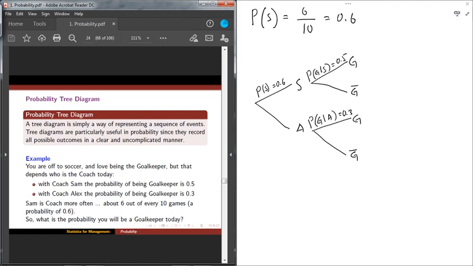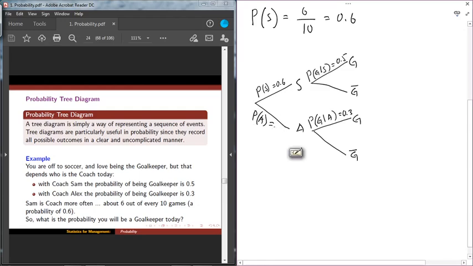Now, if you see this tree diagram, the probability of Alex becoming the coach would be 0.4. How? The probabilities of branches coming from the same point, if you add them, you should get 1.